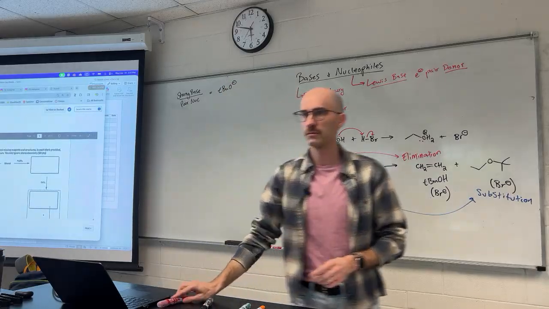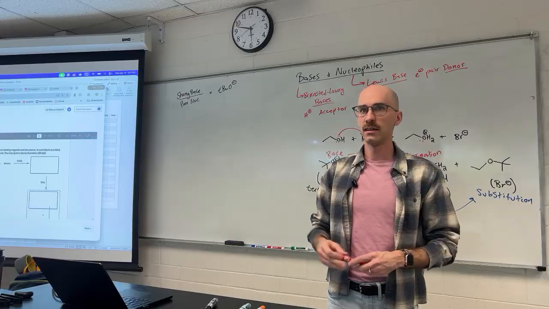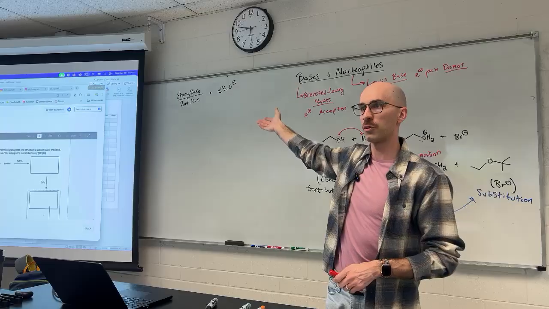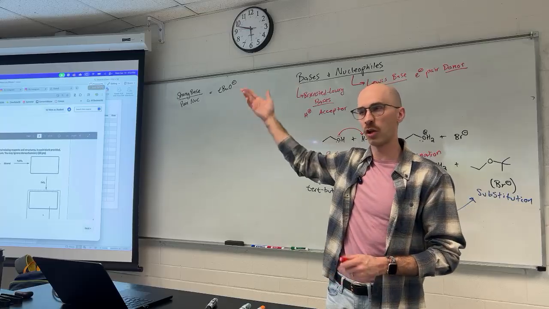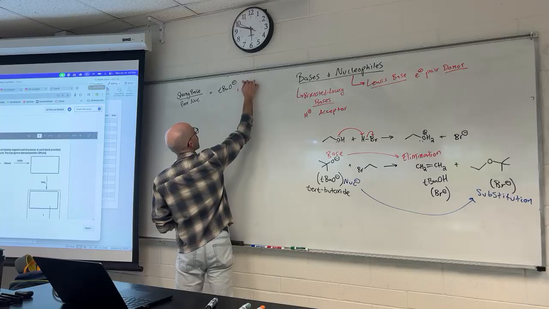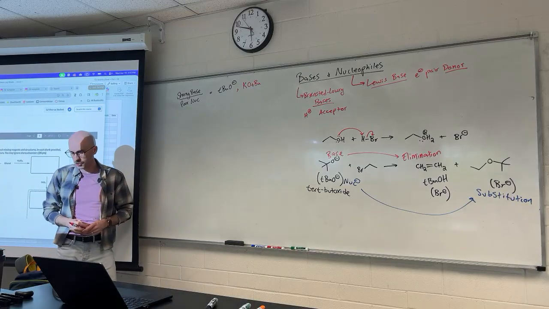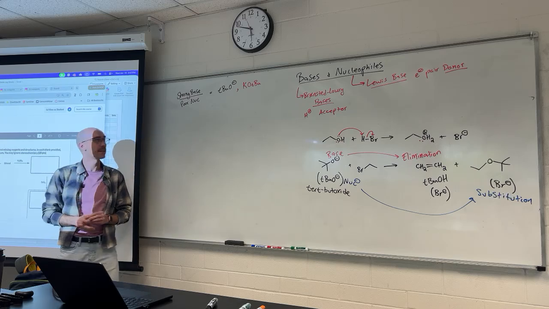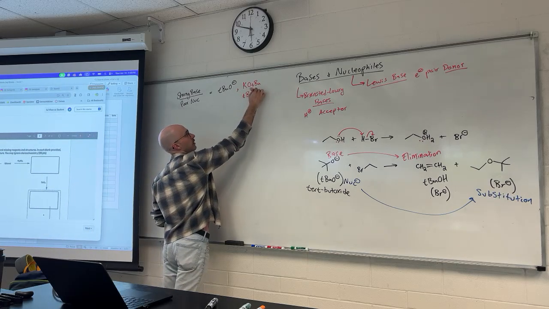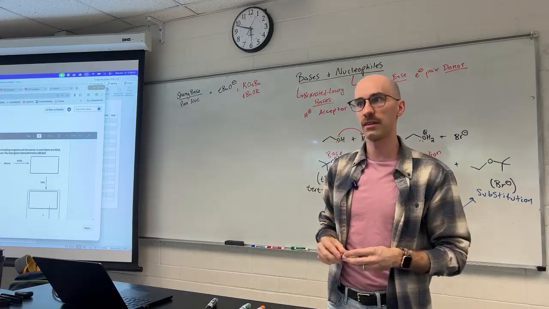I want to show you guys another way that we can write tert butoxide. You'll notice there is no counter ion there. If you go into a lab that has tert butoxide, you will always see a counter ion. Sometimes you'll see tert butoxide written with potassium. Do you remember how we can write these in either orientation, either direction?